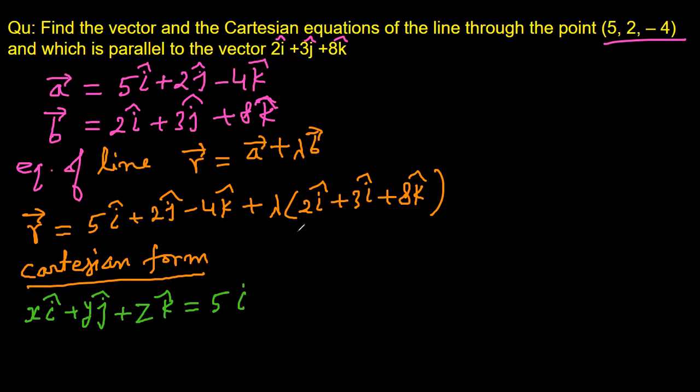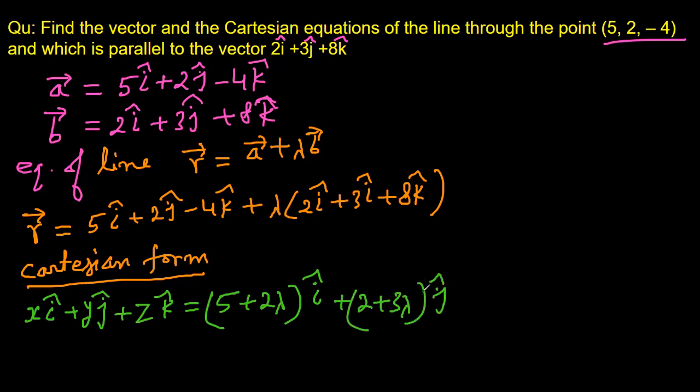If we bring the coefficients of i together, how will we write it? We can write (5 plus 2 lambda) i cap, and then (2 plus 3 lambda) j cap, and then (minus 4 plus 8 lambda) k cap.